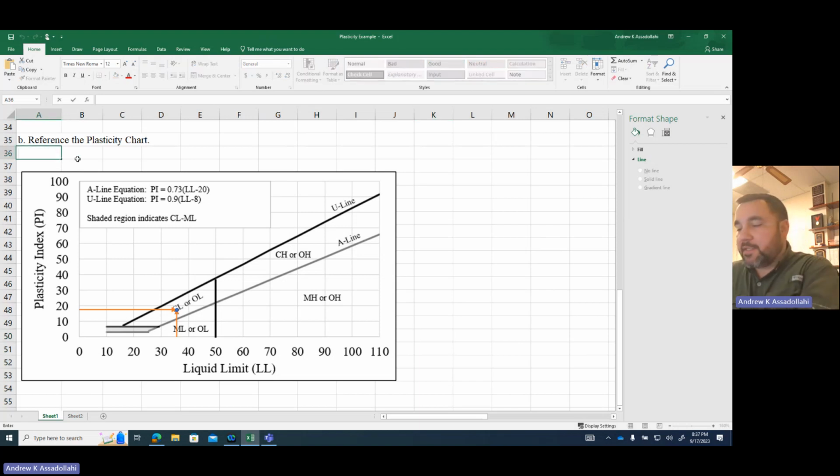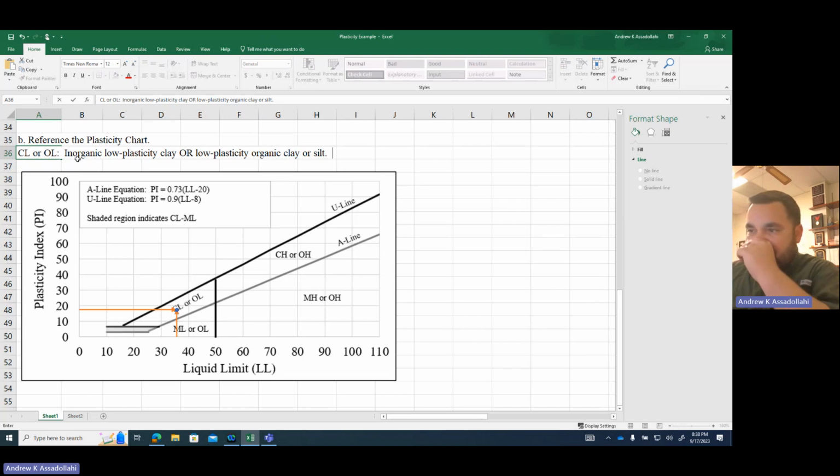So according to this it is going to be CL or OL, which stands for inorganic low plasticity clay, or low plasticity organic clay or silt. Okay. So that's the region I'm in according to this plasticity chart.